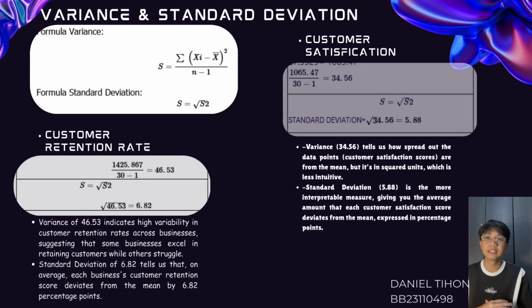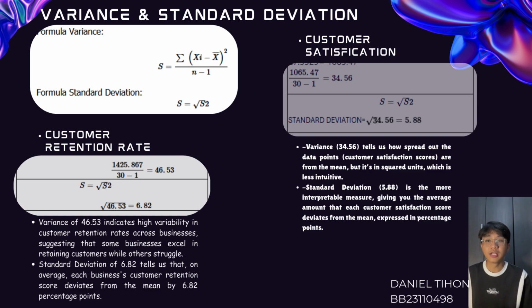We move to the third one, which is variance. This formula is equal to the sum of squared differences between each data point and the mean, divided by n minus 1, where n is the number of observations. By using this formula, the variance for customer satisfaction was around 34.56, but for retention rate it is nearly double, at 79.86.